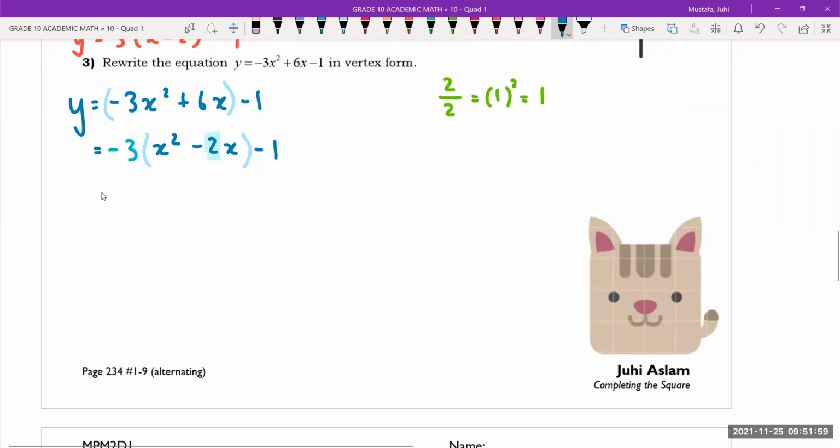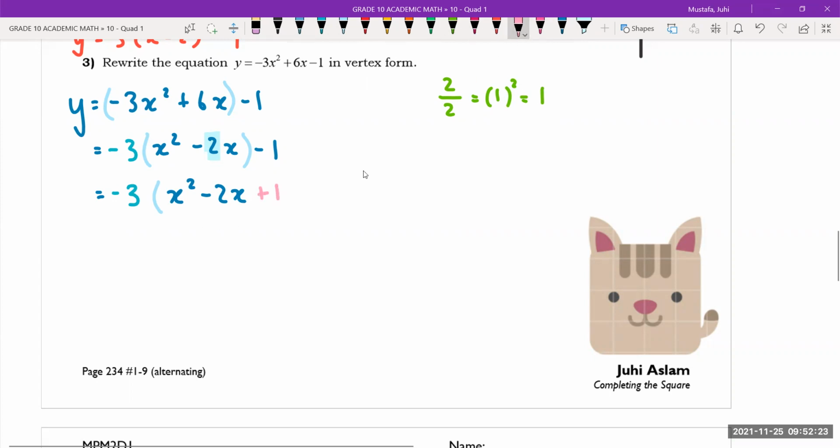We're going to have equal to, then I'm going to keep the negative 3 outside so I remember to bring it back later. And then I'm going to rewrite these 2 terms. So it's going to be x squared minus 2x. And now I need to do some special stuff with this 1. So what I'm going to do is add the 1 and then subtract it.